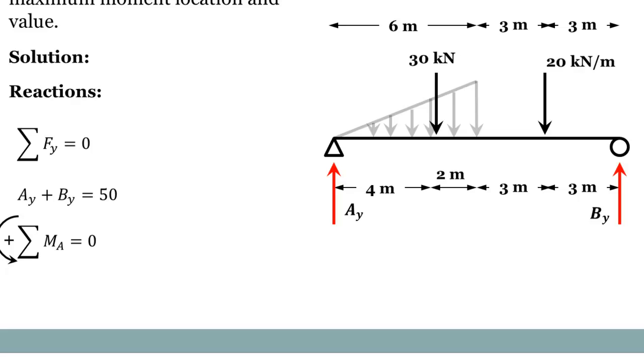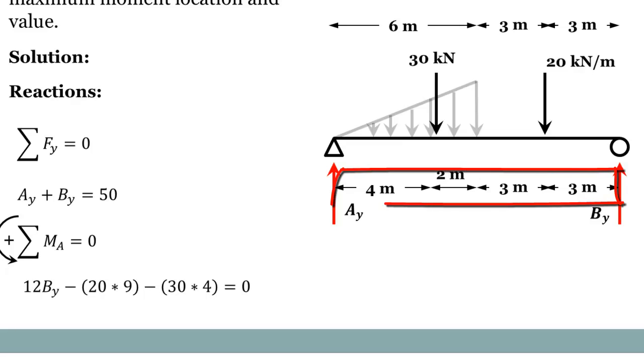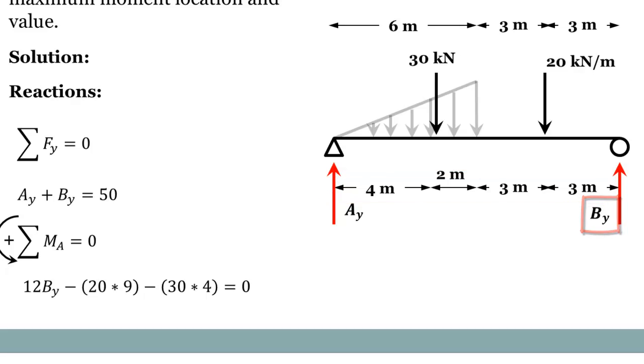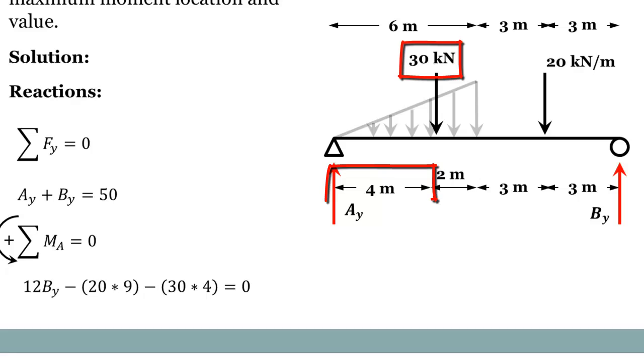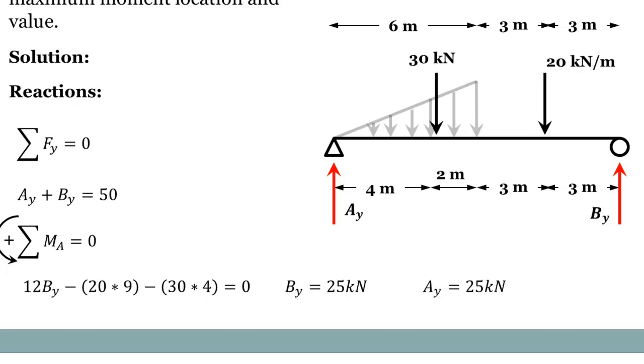Assuming counterclockwise is the positive moment, what I will have is 12 times BY, 12 is the whole length of the beam, minus 20 times 9 minus 30 times 4 should equal 0. If I solve for BY, I will have 25 kilonewton, and if I substitute back into the summation of the forces in the y equation, I can solve for AY to be 25 kilonewtons.